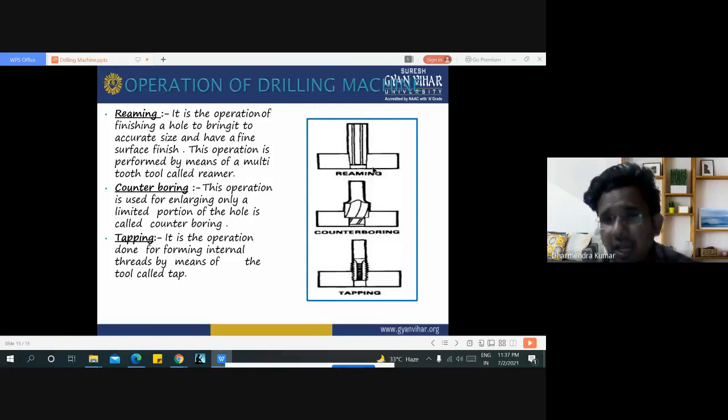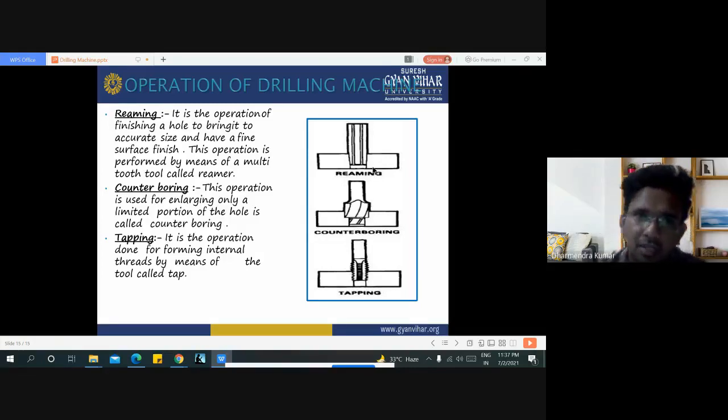In this chapter, we have seen what a drilling machine is, the working principle of a drilling machine, various components associated with a drilling machine, various types of drilling machine according to their application, and the various types of operation which we perform with the help of a drilling machine, like reaming, counter boring, tapping, countersinking, drilling, and boring.